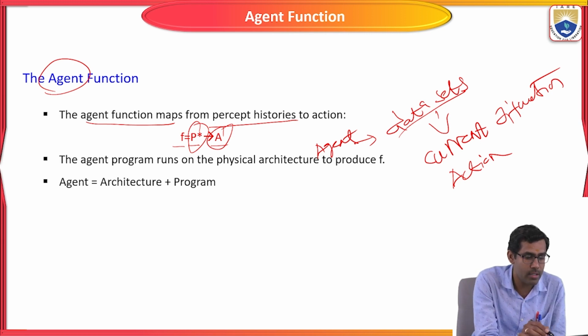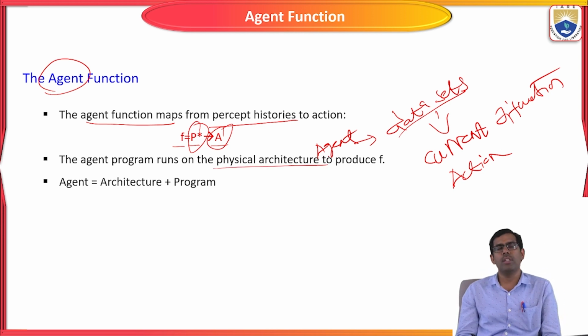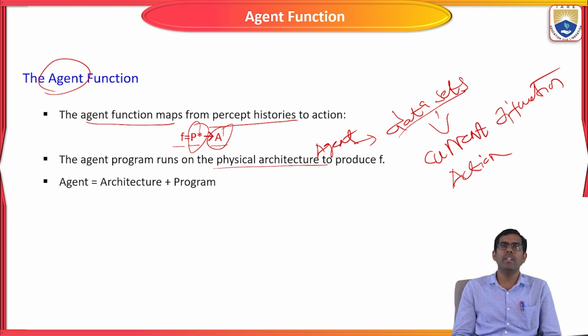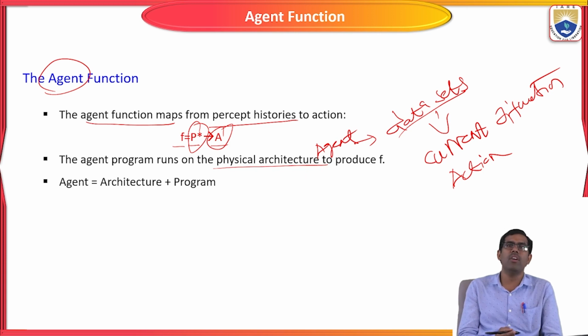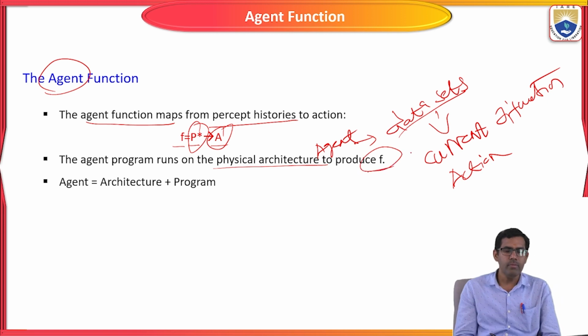The next one is that the agent program runs on the physical architecture. What are the programs, the algorithms we have to design or develop the artificial intelligence? They run on this particular platform, which is the physical architecture, to produce f, the agent function.